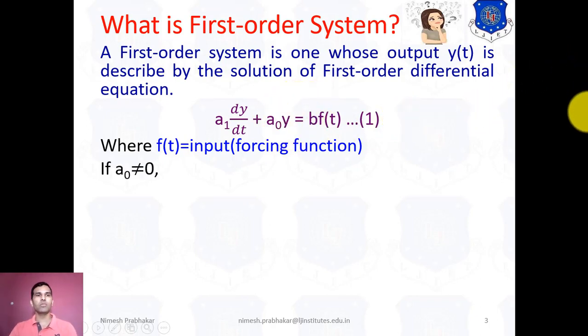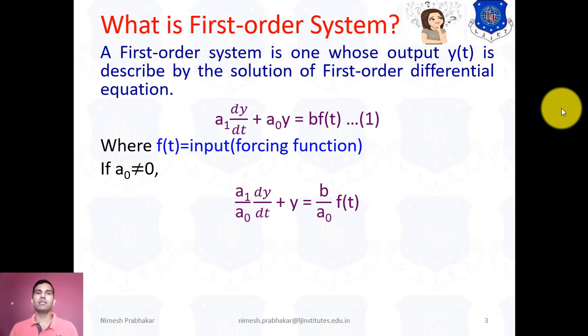Now if we consider in this equation a0 is not equal to 0, we can write this equation as a1 by a0 dy by dt plus y is equal to b by a0 into f of t. Here we simply divide the whole equation, left hand side and right hand side, by a0.